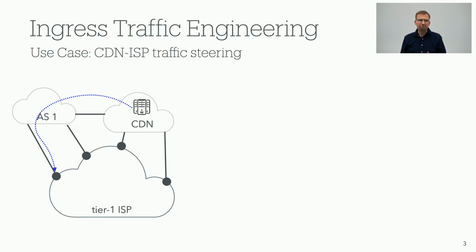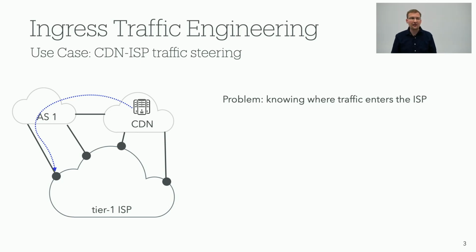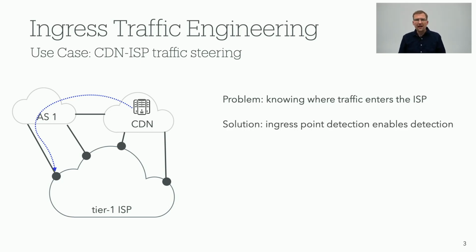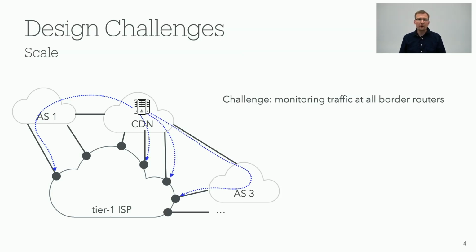And that, of course, requires the ISP to first know where the traffic actually enters the ISP's network, which cannot be a simple task since traffic can enter the ISP's network from any AS, not necessarily directly from the CDN. And here, ingress point detection is a tool that enables such a use case. Now, if we want to implement it, we are faced with a number of design challenges.